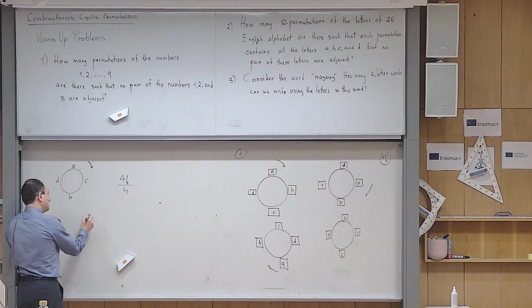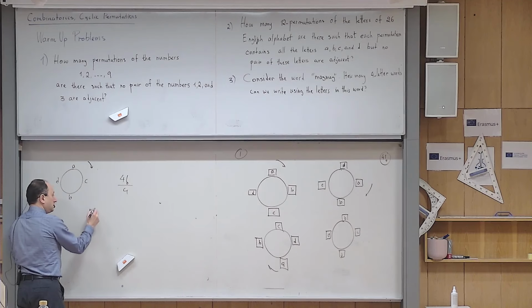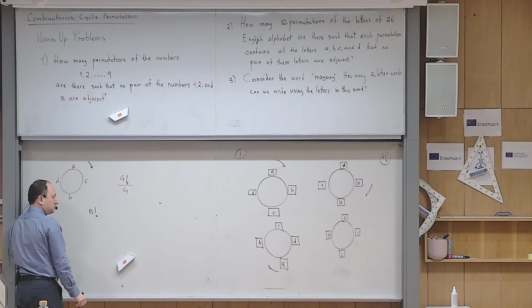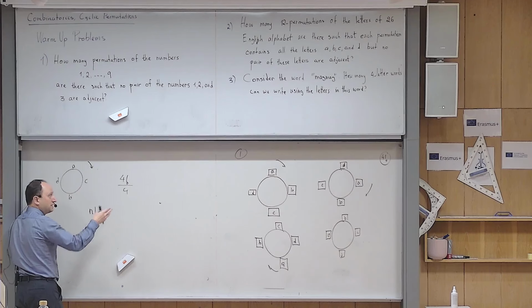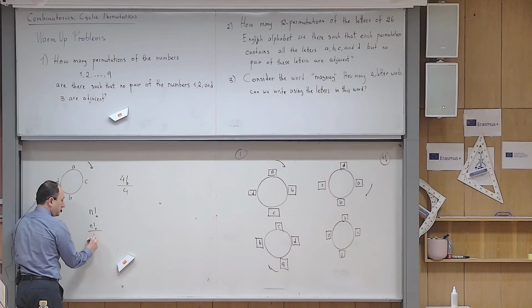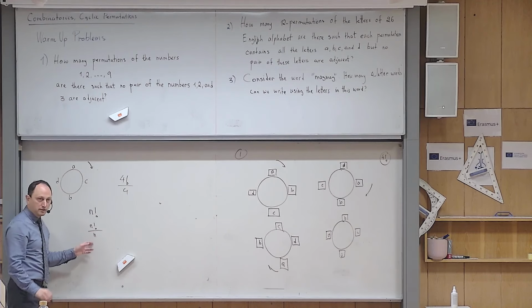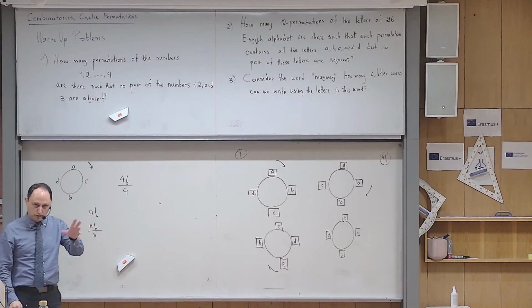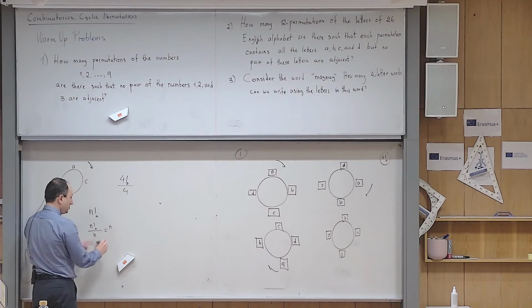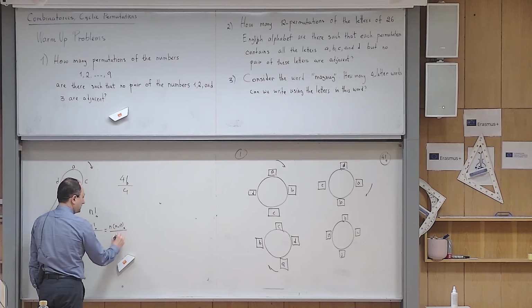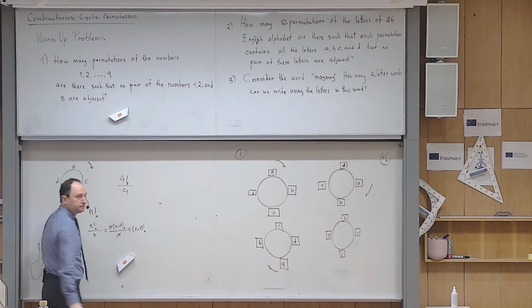So if you have n distinct objects and you want to arrange them in a row, it becomes n factorial. But if you want to arrange them in a circular way, in which what I described matters, you have to write n factorial divided by n, because if I have n items, I have n different ways of rotating. But this can be simplified. You can write it as n times (n minus 1) factorial divided by n, and this n and that n are gone, so you will get (n minus 1) factorial.